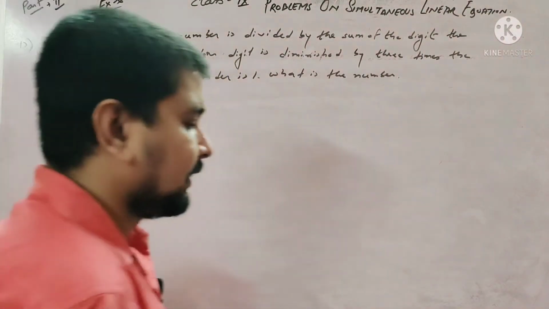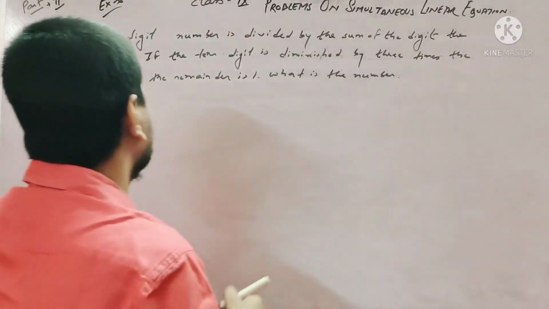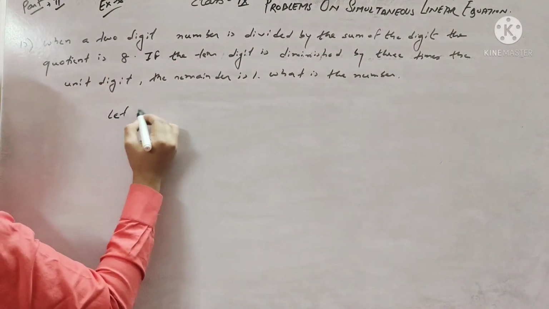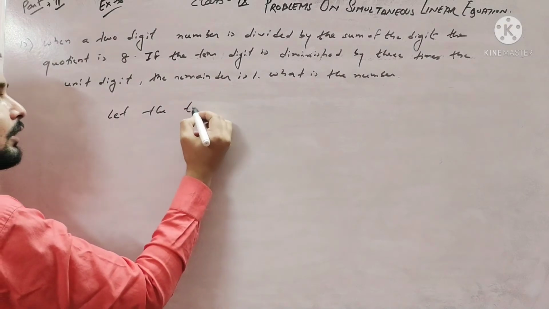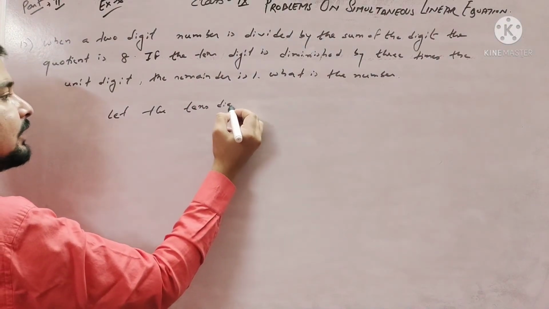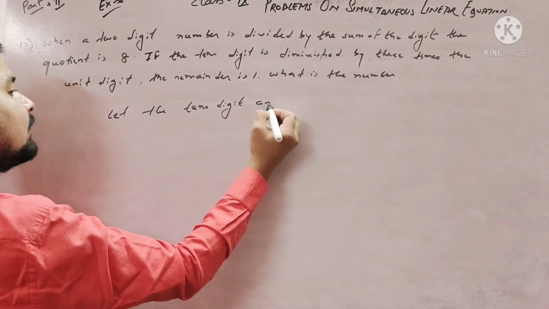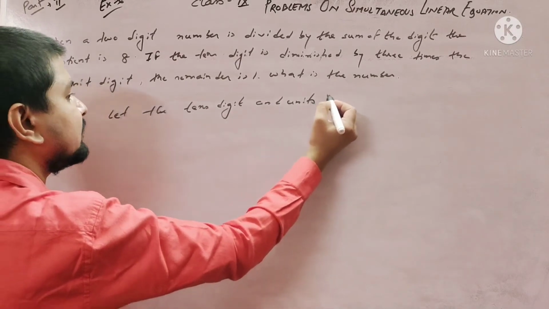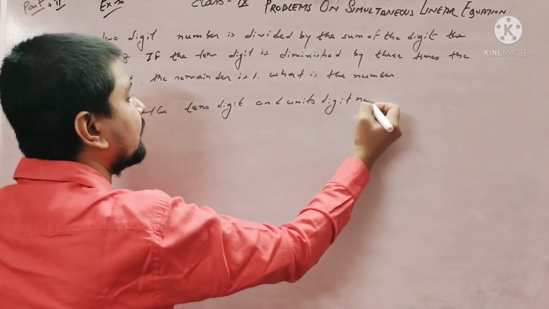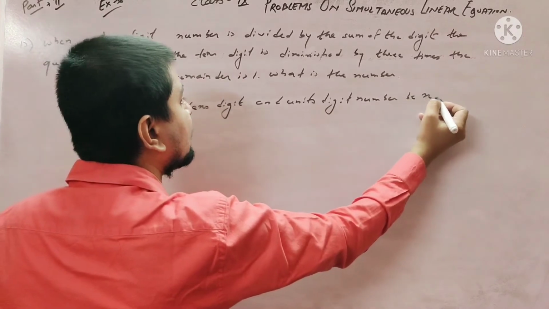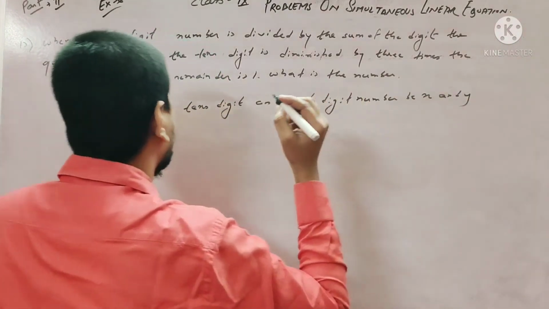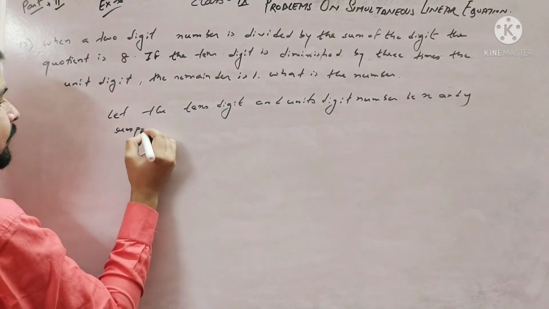What is the number? Let the tens digit and unit digit of the number be x and y respectively.